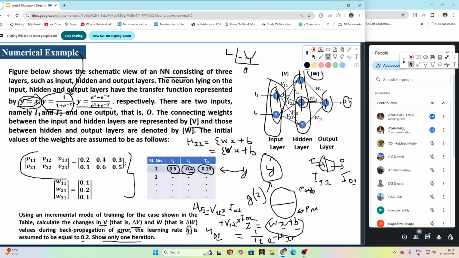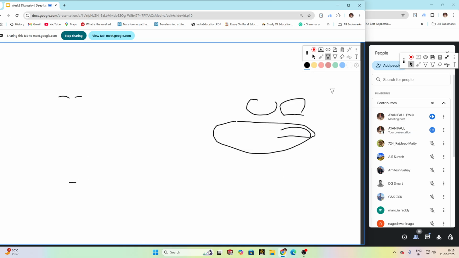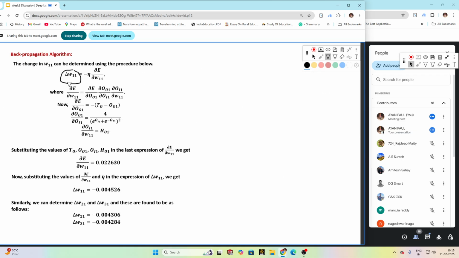From del E we go to the output of this neuron, from the output we go to the input of this neuron, and from the input of this neuron we go to the weight associated with this neuron. So del E by del w11 will be equal to del E by del O01, times del O01 by del OI1, times del OI1 by del w11.